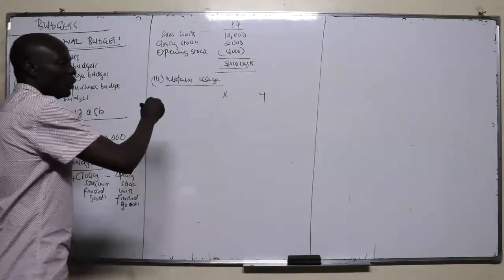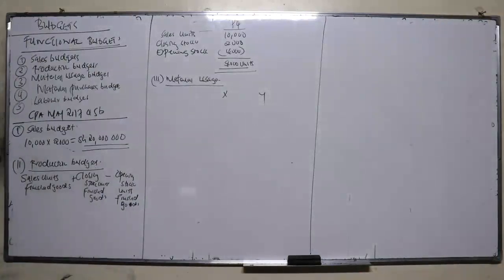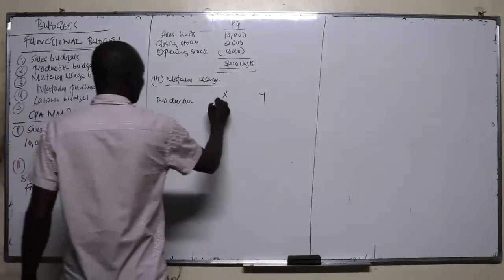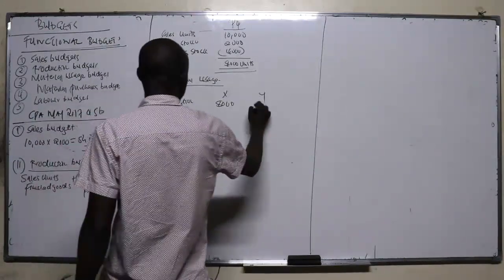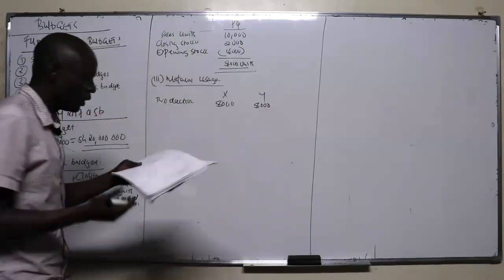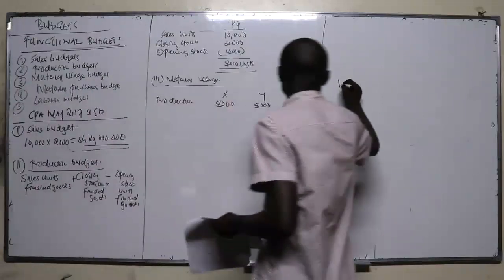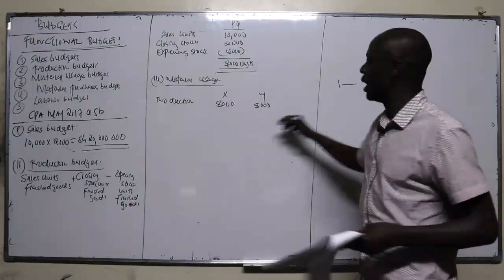So for us to produce 1 unit of component PQ, we need a combination of 2 materials, that is material X and Y. So now this is the production. They're going to produce 8,000 units, which will require this material, and 8,000 units will require this material, isn't it? So we've been told in note number 1, for you to produce one unit of product PQ, you need 5 kgs of material X and 3 kgs of material Y. So 1 unit requires 5 kgs of material X. What about 8,000?